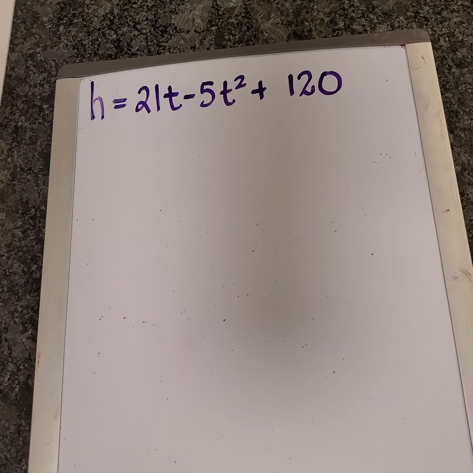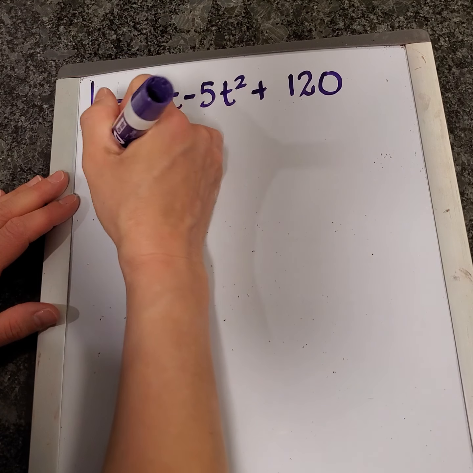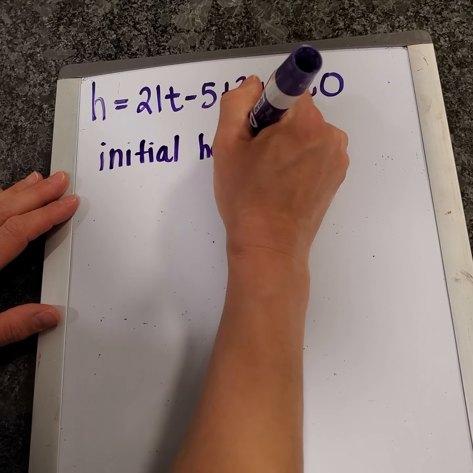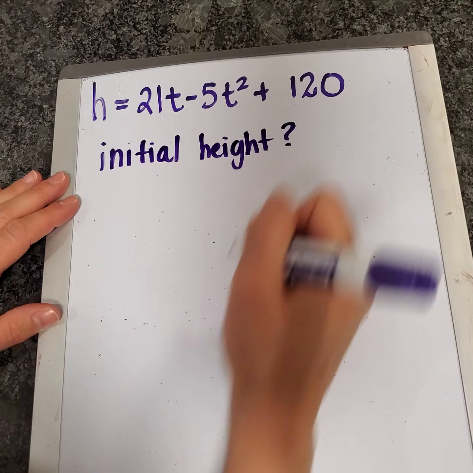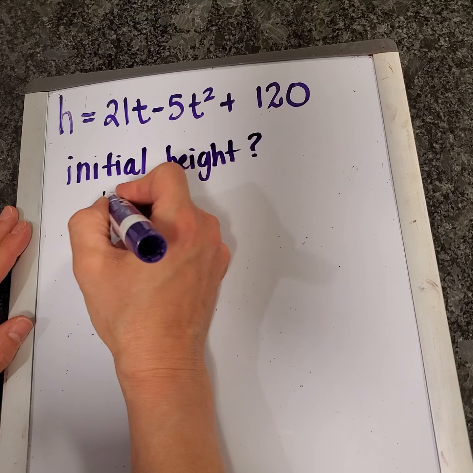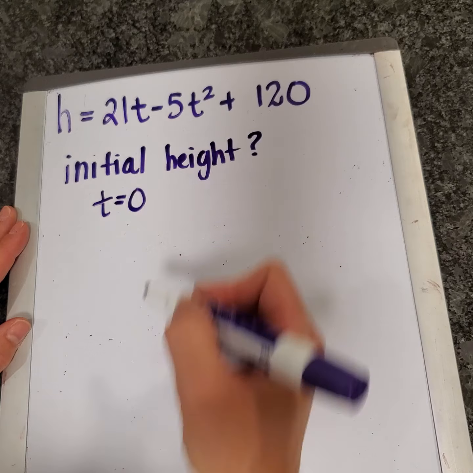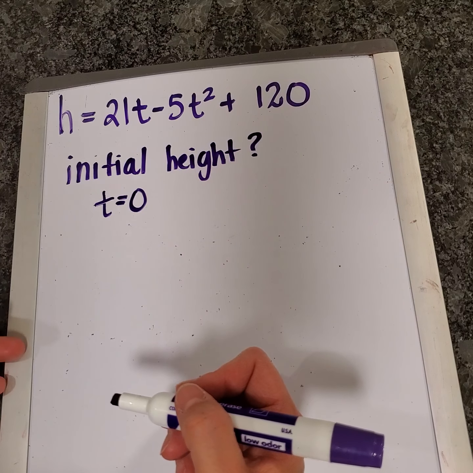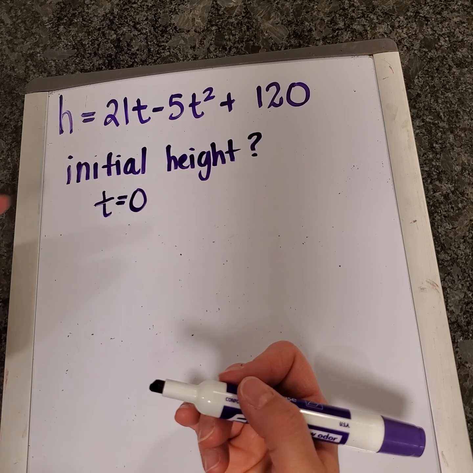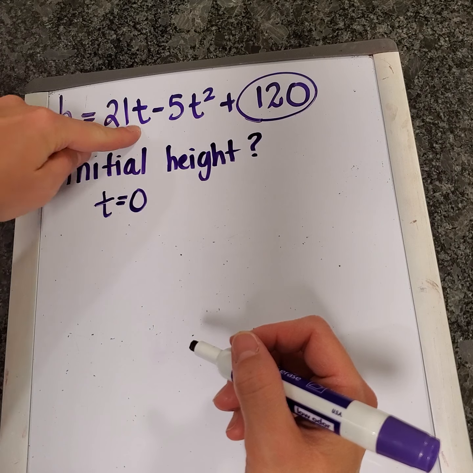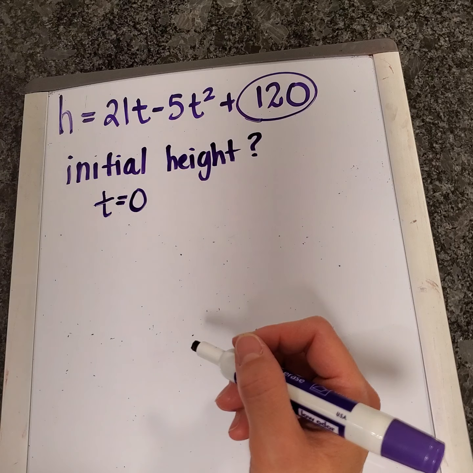So this is kind of an interesting question. The first thing we need to do is identify what was the initial height of the phone. If you want to crunch some numbers, the initial height would mean that the phone hasn't been thrown yet, so you could substitute 0 for t into this equation, but I would hope by now that you know you don't have to pick up a calculator to do that. The initial height is 120, because if we throw 0 in for t, those terms get wiped out.